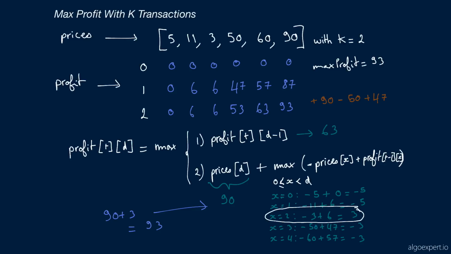Our formula is in action, working to find us the maximum profit that we can make on any given day with a certain number of transactions. Now, let's analyze the time complexity of how all of this works out.